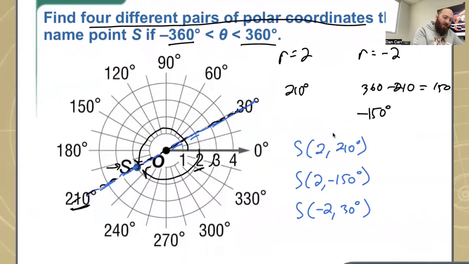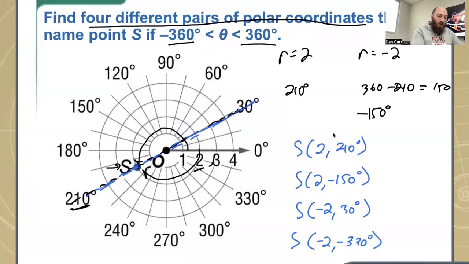So that's telling me that I'm going to go to 30 degrees, and instead of going to a +2 here, we're going to go the opposite direction to get to S that way. And then for my last one, it's the same idea as this one right here. 30 degrees is the same as going negative 330 degrees. So 30 degrees, that means I'm going to do -2, negative 330 degrees.